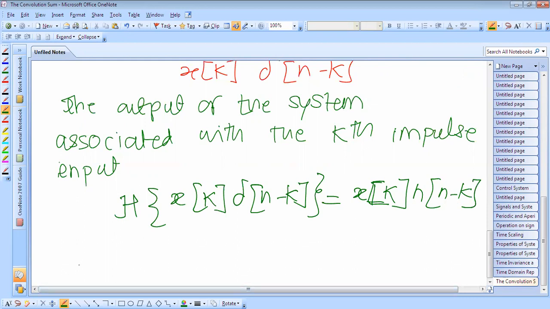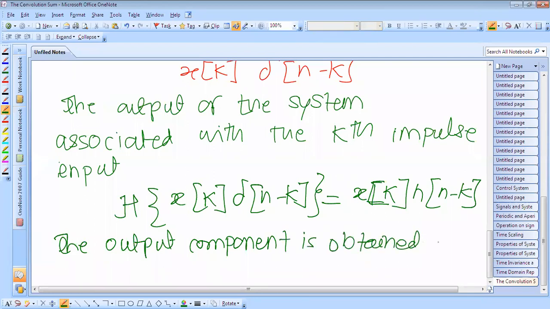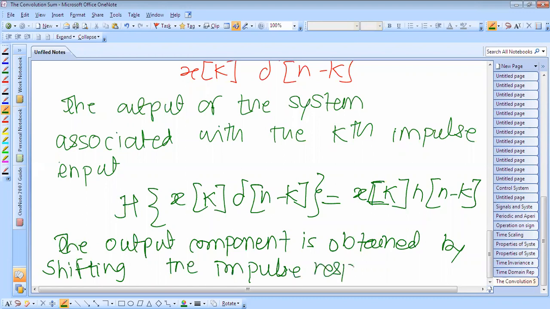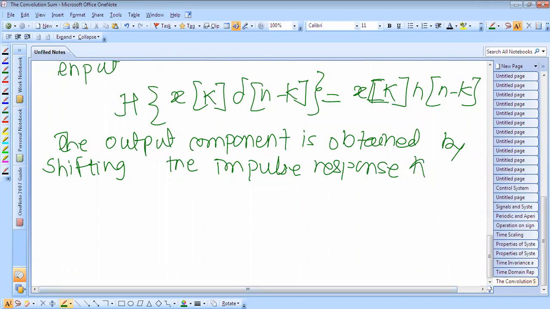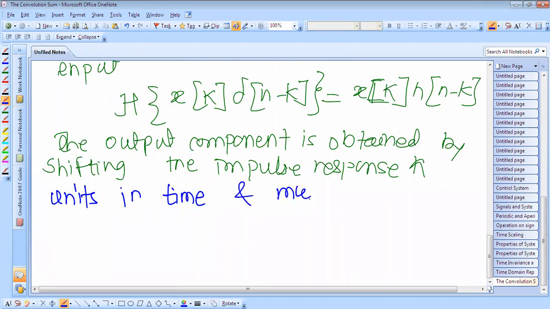This output component is obtained by shifting the impulse response by k units in time and multiplying by x of k.